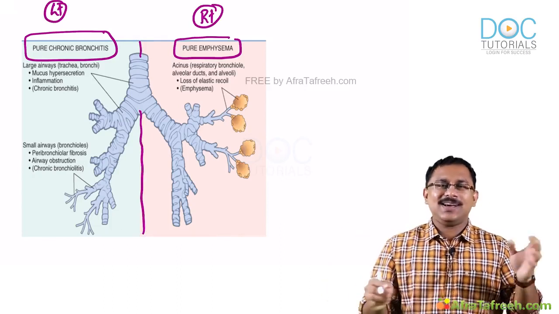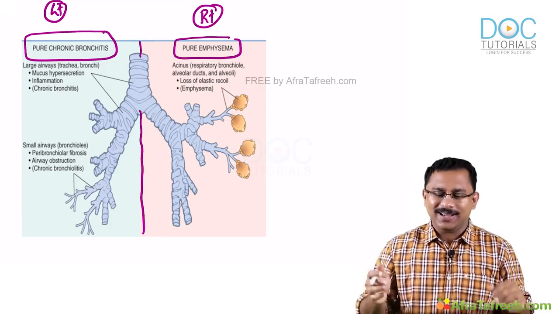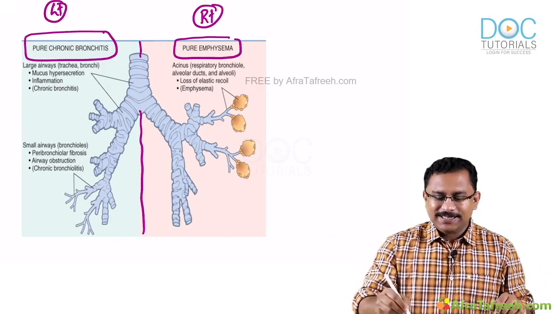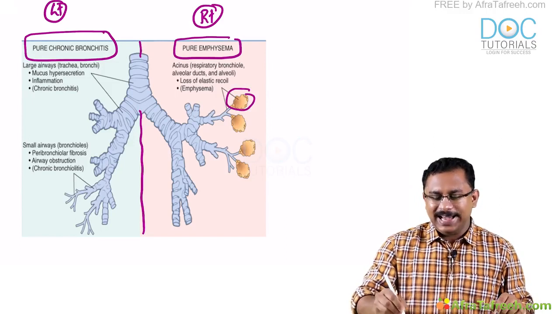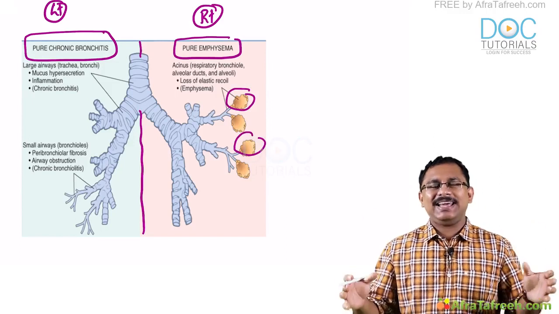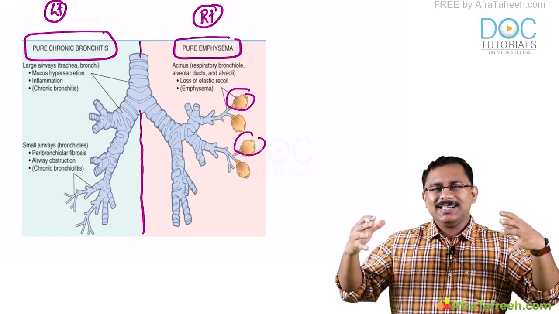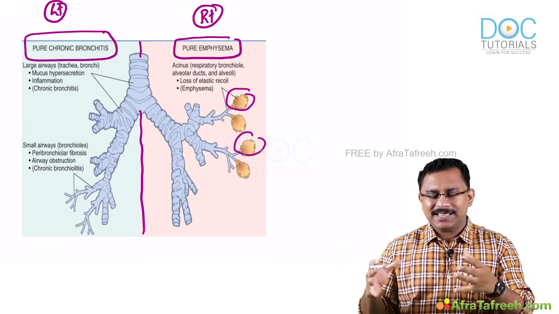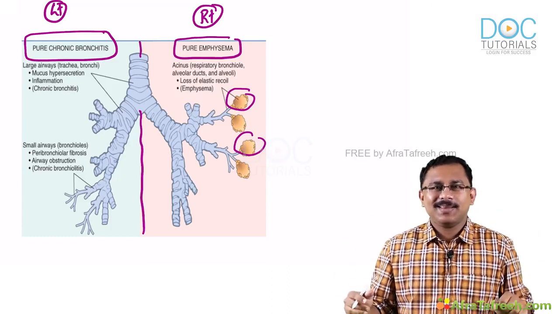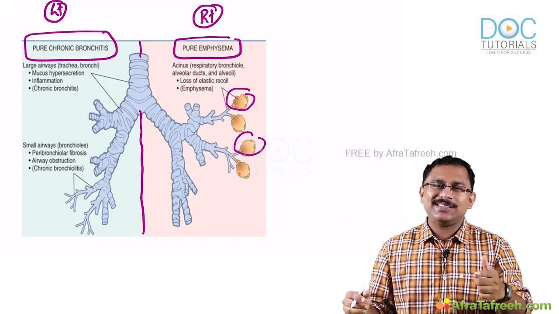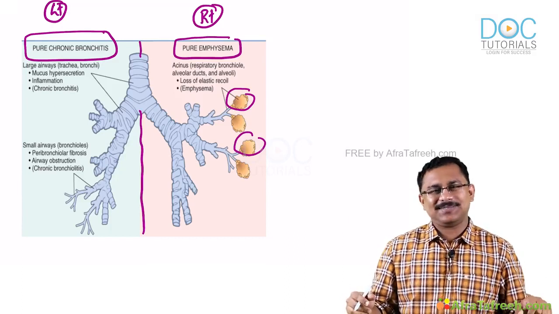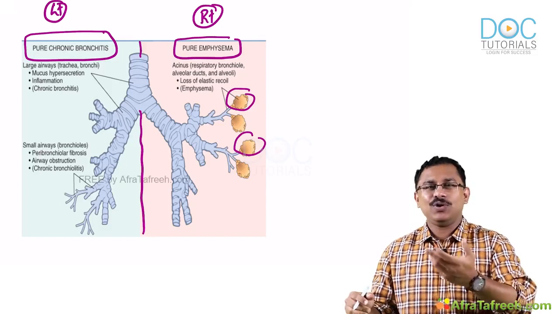Left is what happens in chronic bronchitis, just to make a comparison. In emphysema you can see all these alveoli getting dilated, the respiratory bronchioles dilated, air trapping, all that stuff. Now, what difference happens in chronic bronchitis? That is what we are going to learn.